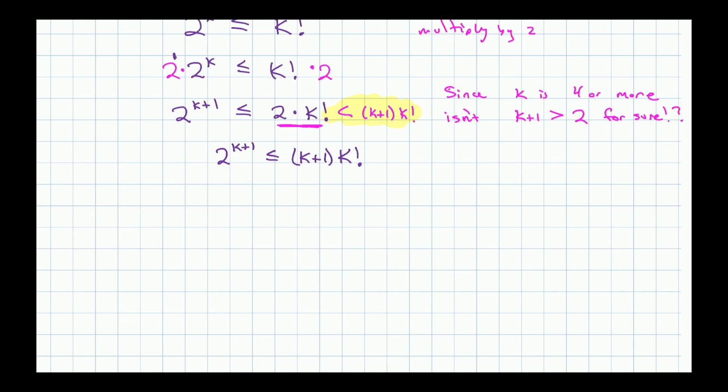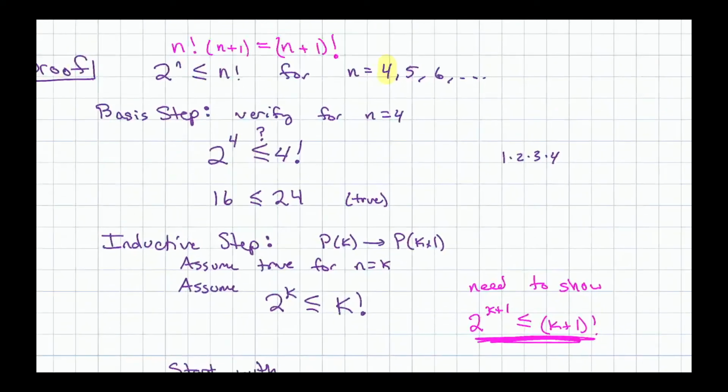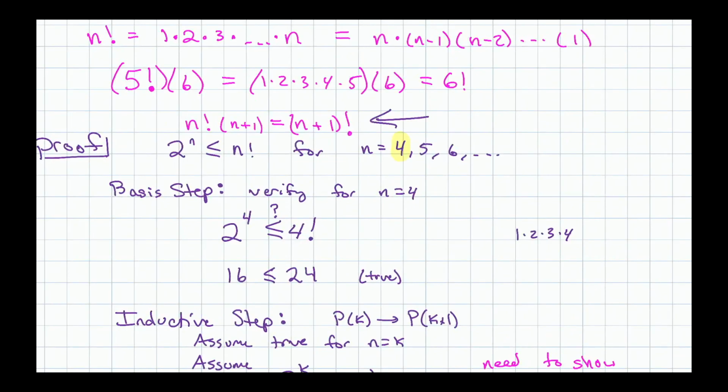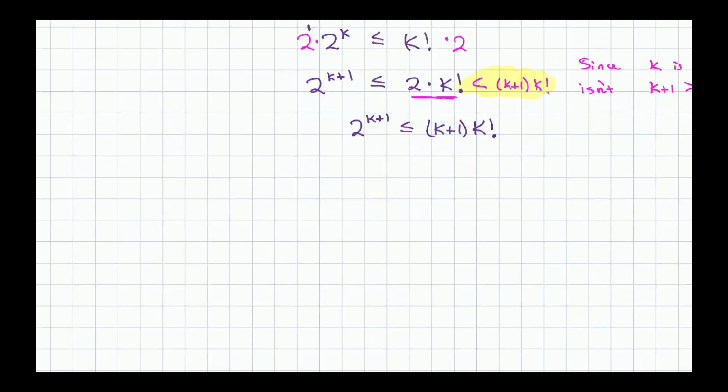But then this k plus 1 times k factorial is what we talked about up here, a fact involving factorials. When you multiply a factorial by the next number, it becomes the next factorial. And so what happened to this middle step here? Well, we didn't need it, right?